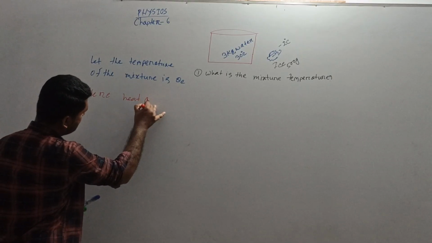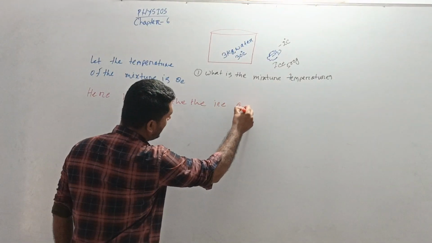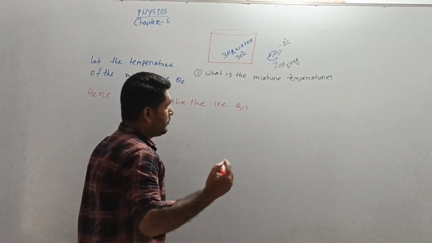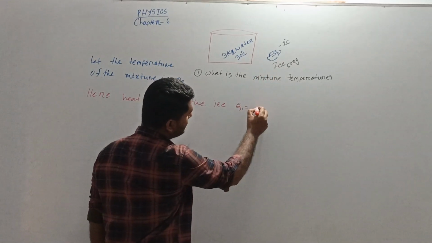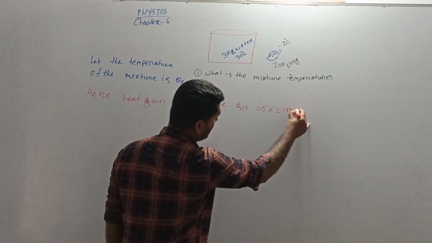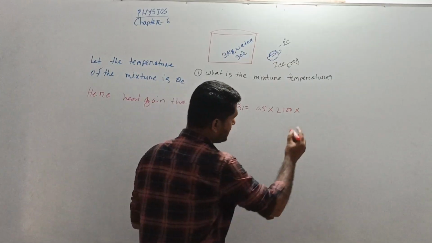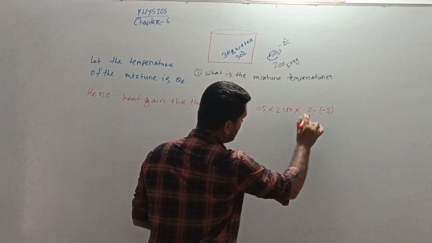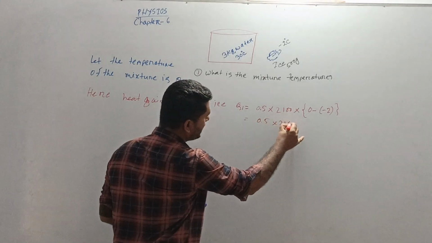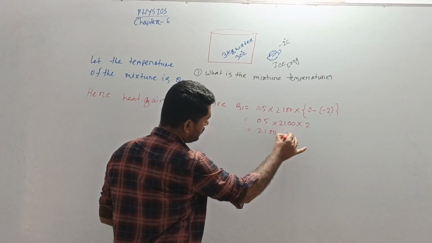Heat gained by the ice, Q1, for the ice at minus 2 degrees Celsius. The first step: the mass of ice is 500 gram, that means 0.5 kg, and the specific heat for ice is 2100, and the temperature change is from minus 2 to 0 degrees Celsius, that means 0 minus (minus 2) equals 2. So Q1 is 0.5 into 2100 into 2, which is 2100 joule.